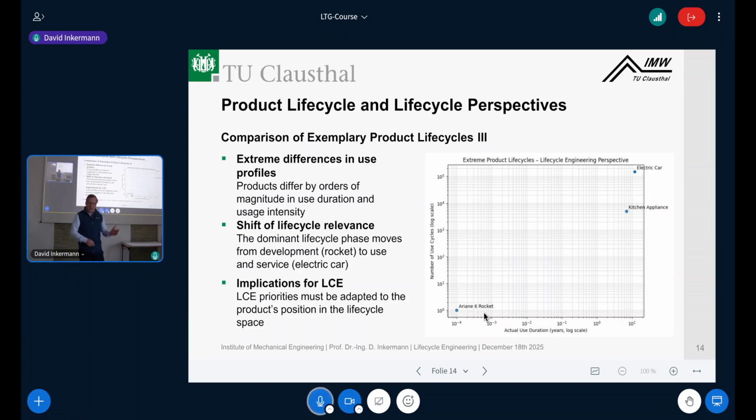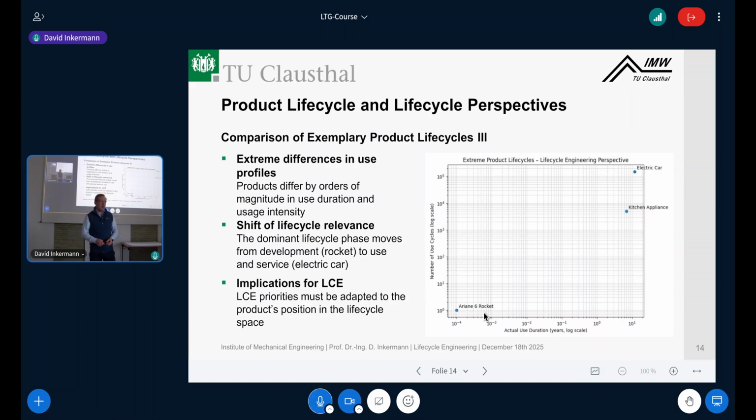And you can see Ariane in that case is designed for single use, it's designed for performing very, very reliably in one use case, whereas the electric car and the kitchen appliance are designed for performing over a higher number of use cycles, and also a longer duration of use.